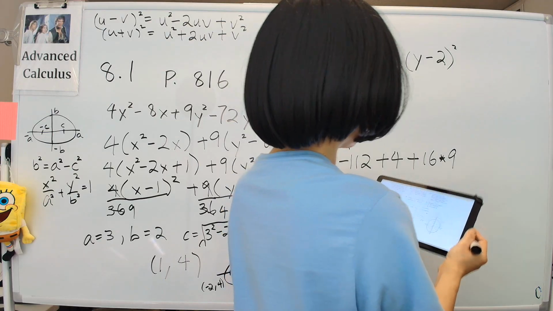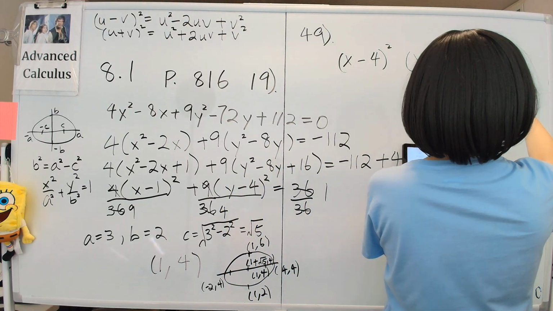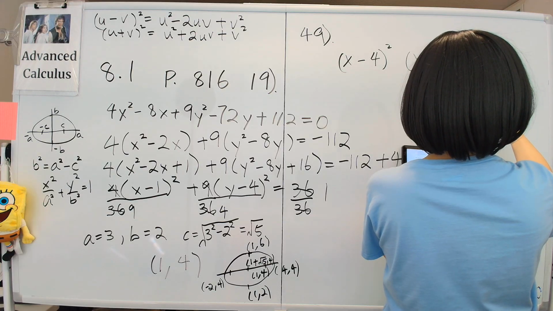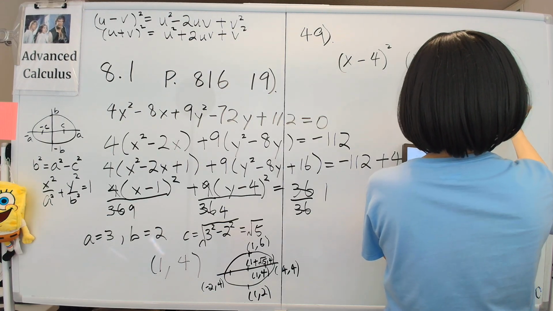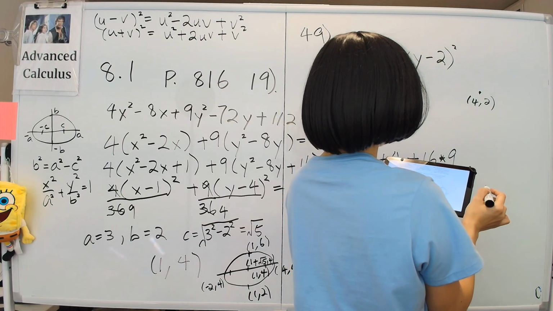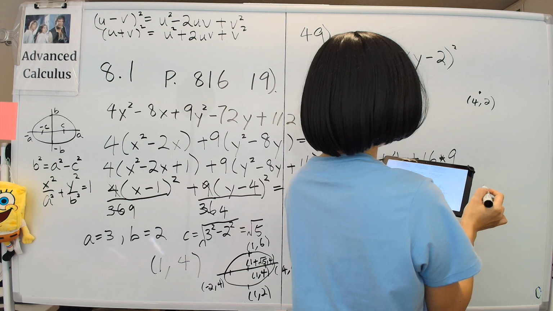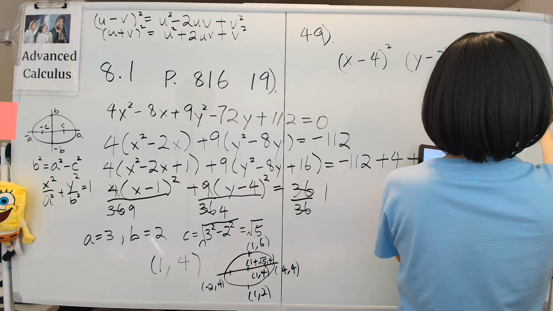The vertex is at 9 comma 2, and then there is a focus here. So let's draw this out. The center is at 4 comma 2, so let's write down 4, 2 here. And then the vertex is at 9, 2.